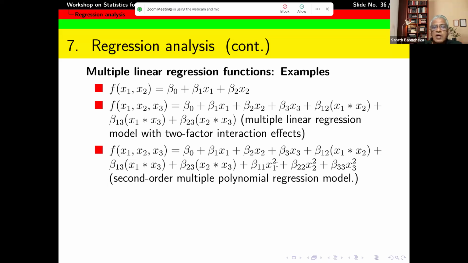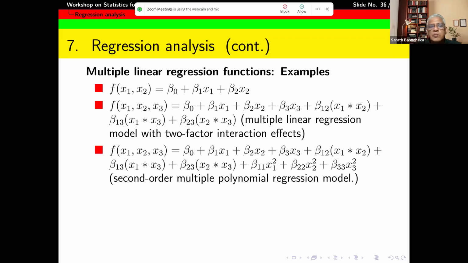Now, this is even a larger model. It contains x1, x2, x3, and products, and in addition to that, it contains square terms also. So that is also called a second order multiple polynomial regression model. But in general, it's a multiple linear regression model.